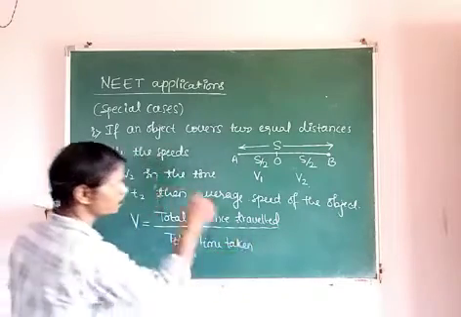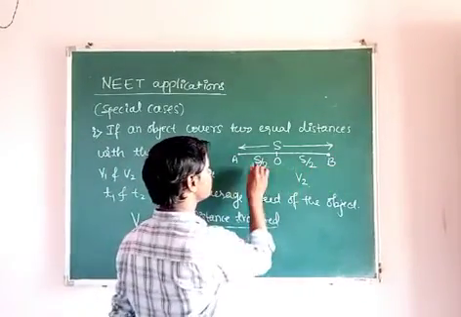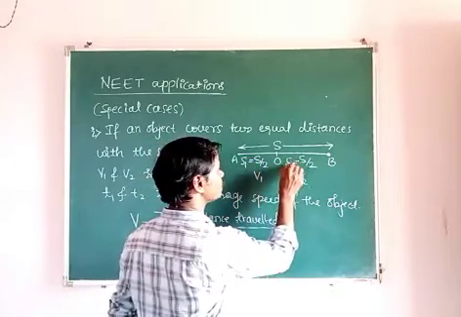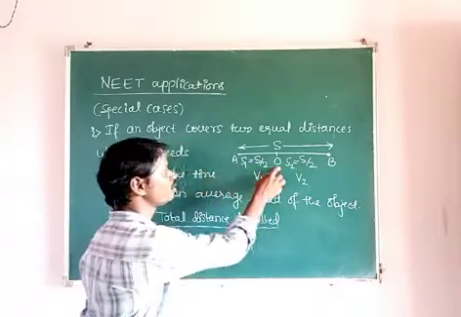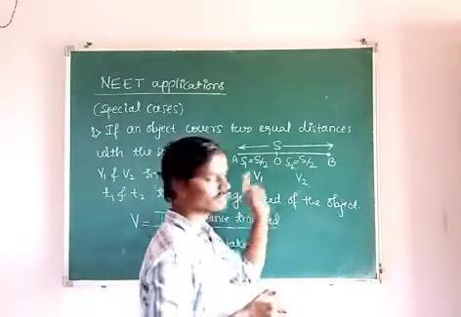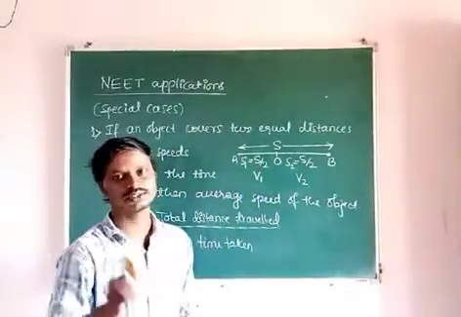So listen here. What is the total distance traveled from A to B? I will take S1 and S2. The distance traveled from A to O is S1. The distance traveled from O to B is S2. Then add them, and we get the total distance, which must be equal to S here.